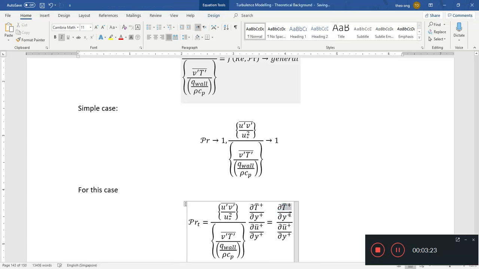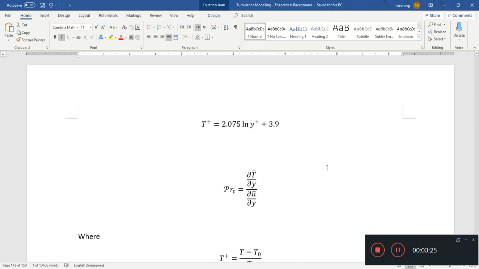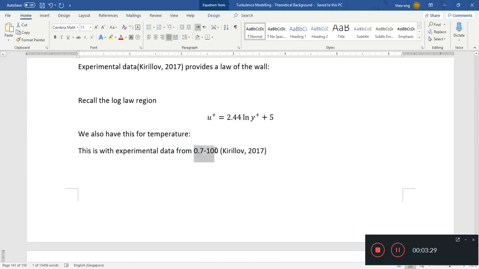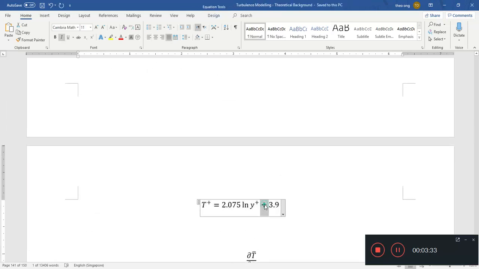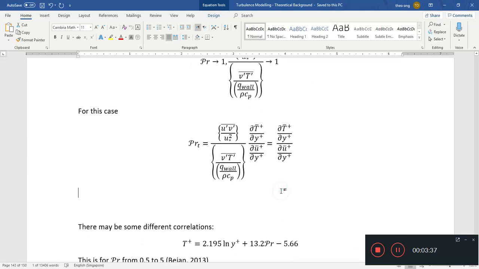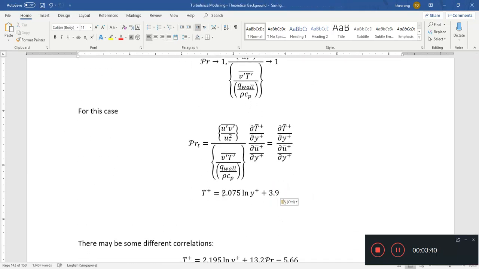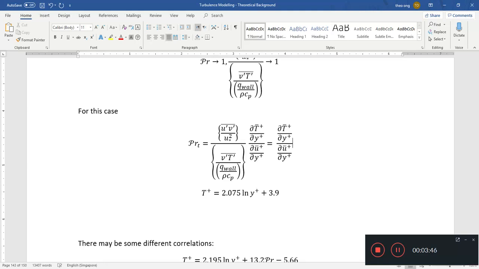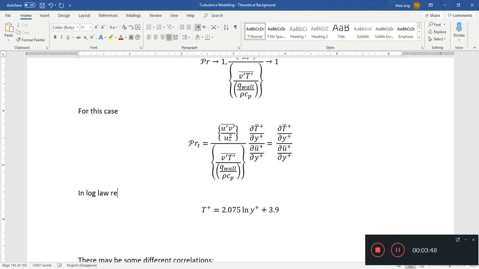Then let's see dT plus over dy plus, according to this correlation from Kirillov, suitable for Prandtl number 0.7 to 100. Remember, the range is kind of limited, so that's why you don't see any Prandtl number dependence there for this log law. This is the log law region.